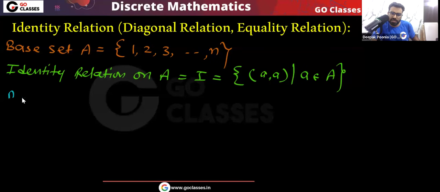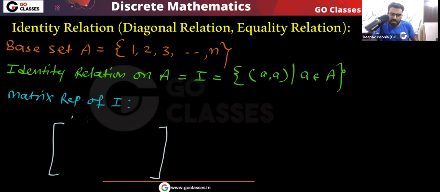Let's see the matrix representation of identity relation. In the matrix representation of any relation on set A, the elements of the base set are the column header and the row header: 1, 2, 3 and so on.